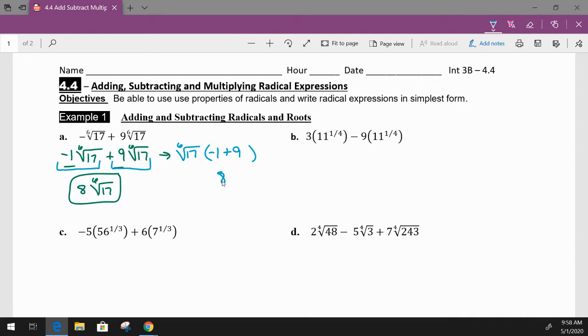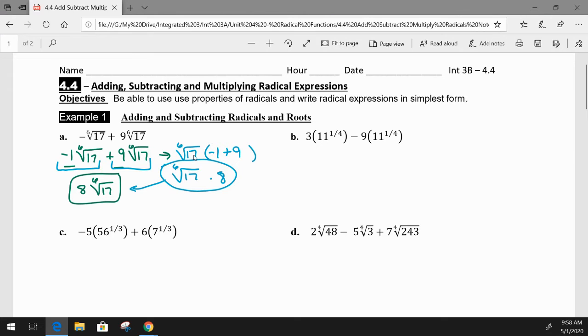But since 8 is the rational number, that is going to go in front of the sixth root of 17. So basically that's the same thing as what we have here. So if I do the problems this way where I'm factoring out the common radical, I'm actually going to put it at the end rather than in front like we're used to with factoring.